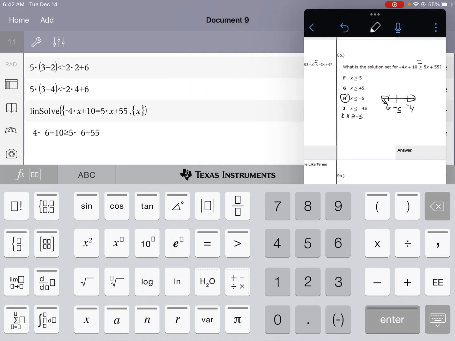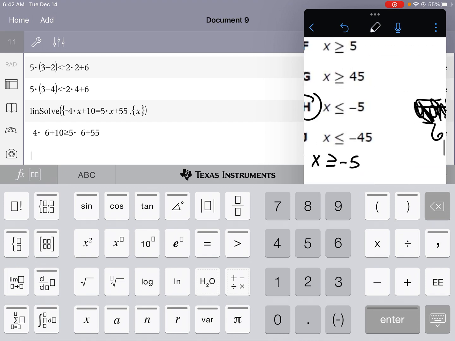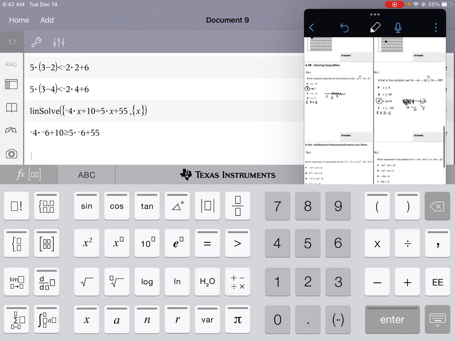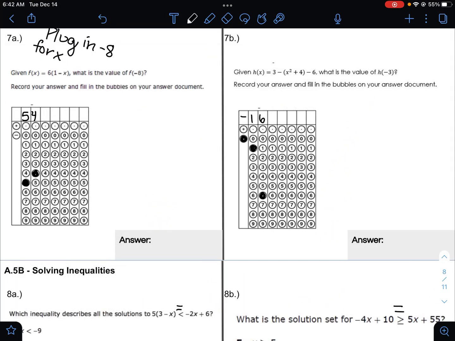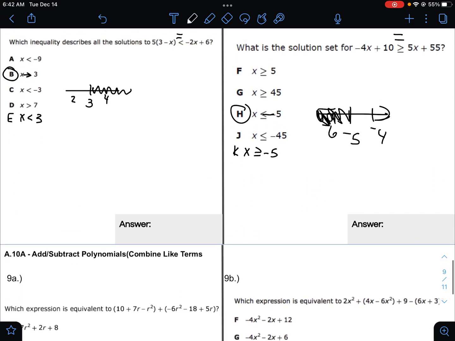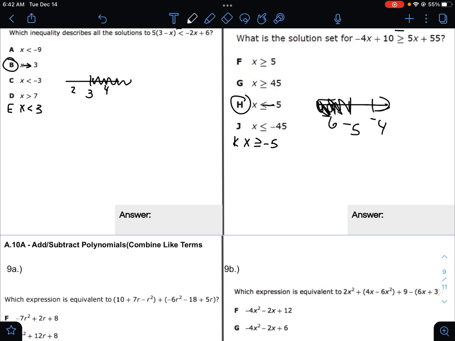I get a true statement, which means I would shade this way. So I want to look at the inequality symbol that would make that arrow, which would be H. So that's just a backup plan if you have the same answer listed twice or the same number listed twice.